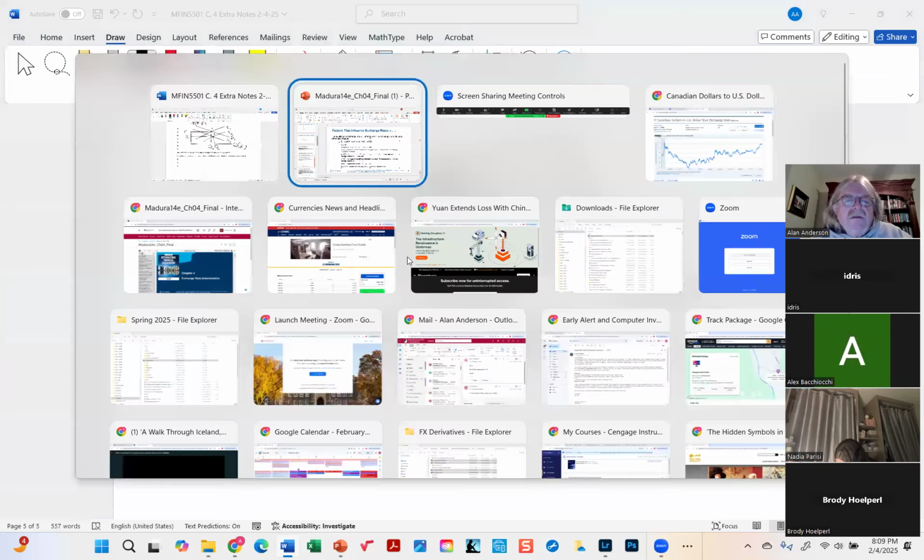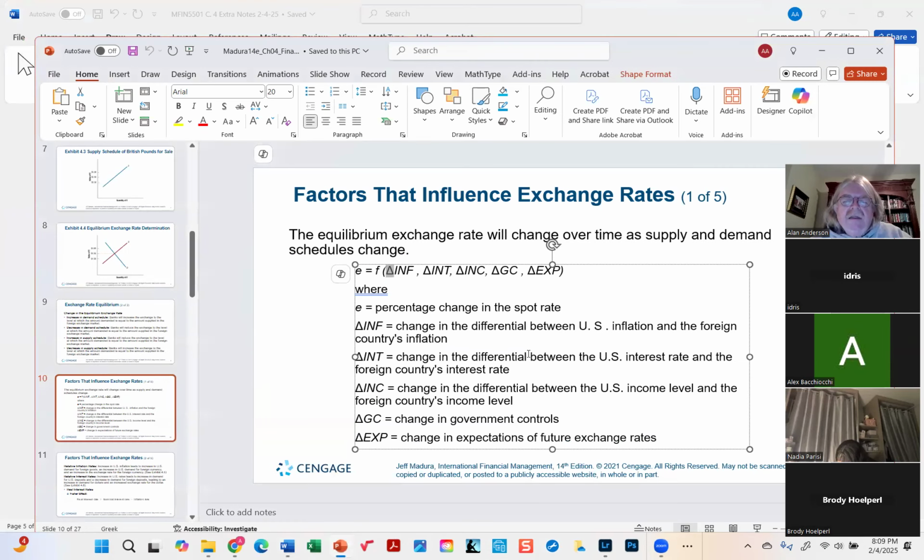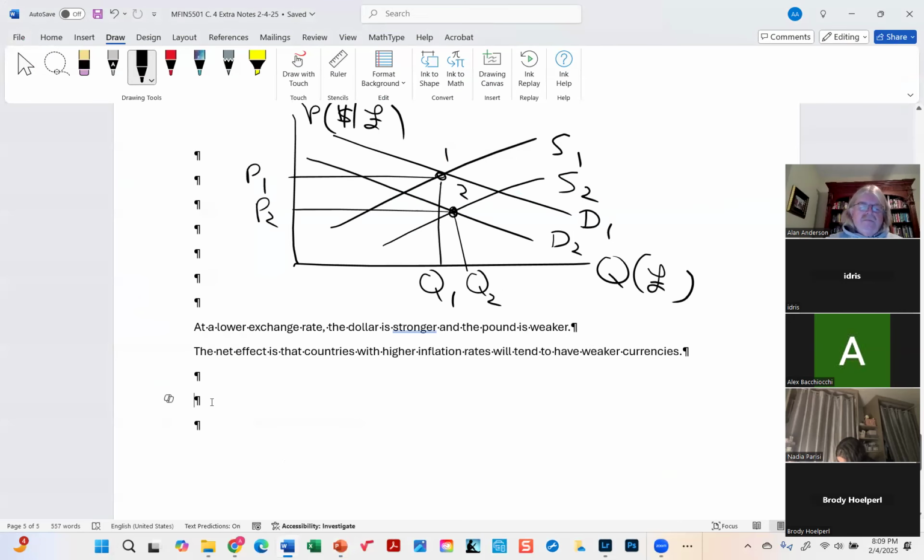Now, what else do we have here? Interest rates. All right. Now, what does that have to do with anything? Many investors see currencies as a type of investment or a type of financial asset.